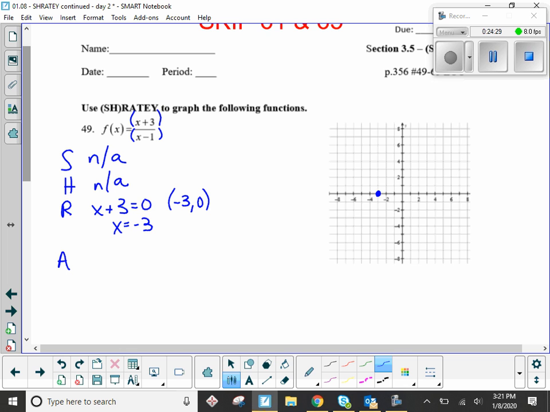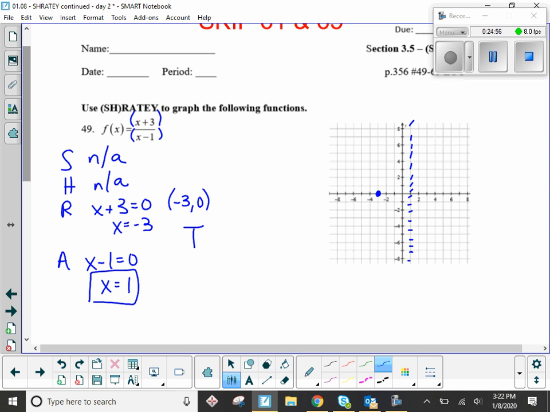A is for asymptotes. It's the bottom. Set that equal to 0. That's a line, so you can keep it like this. X equals 1. Good, very good. T is for tangent and together. Remember, you're looking for if your factors are squared or not.